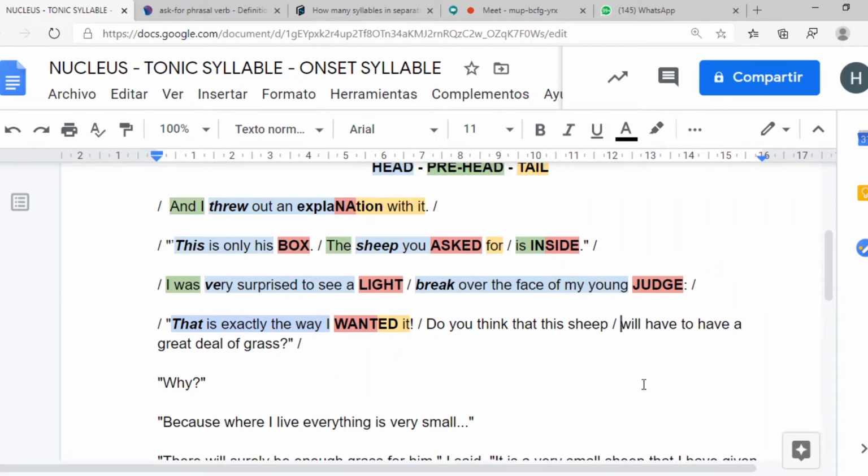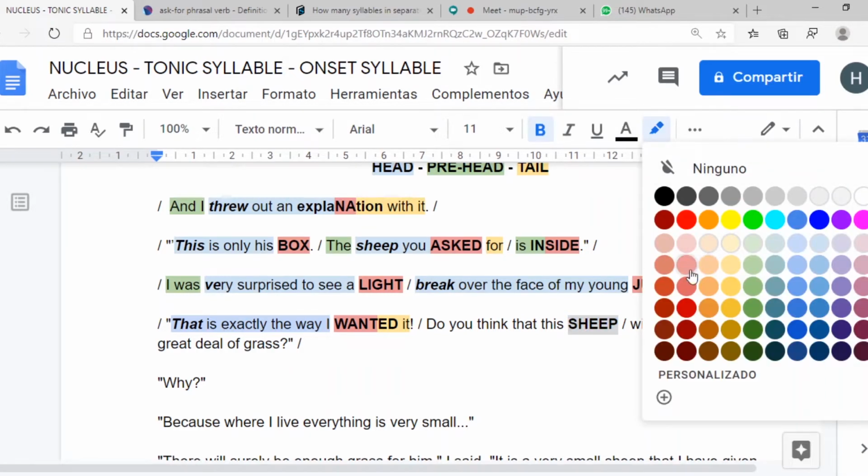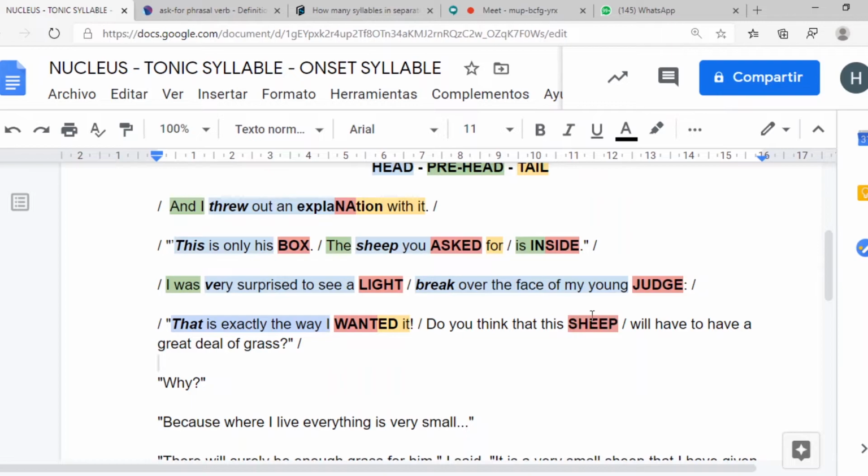Do you think that this sheep will have to have a great deal of grass? Okay, it will be better if you are telling a story, for example. If you choose to separate here, sheep will be your last content word, so you will do this: sheep, monosyllabic word. So you have your tonic syllable here.